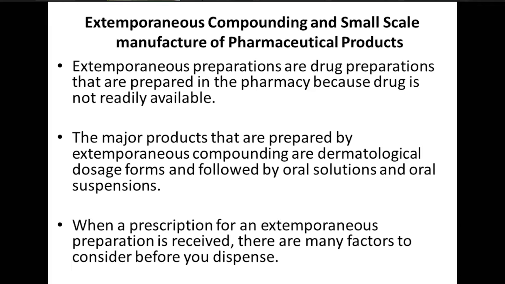So when you receive that prescription, in stock you find that you only have hydroxyurea 250 milligram capsules. And there are no hydroxyurea preparations in suspension form. So what you need to do is to compound.